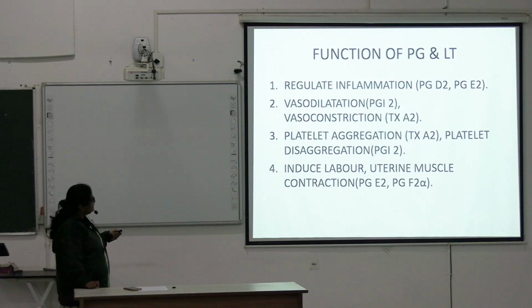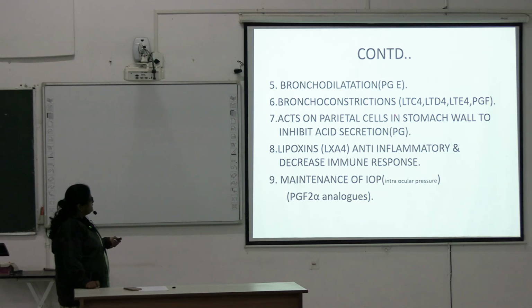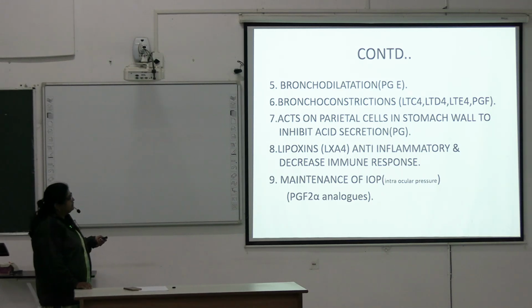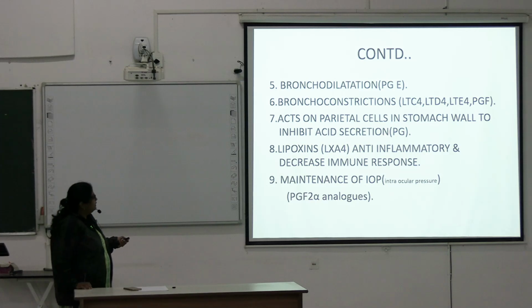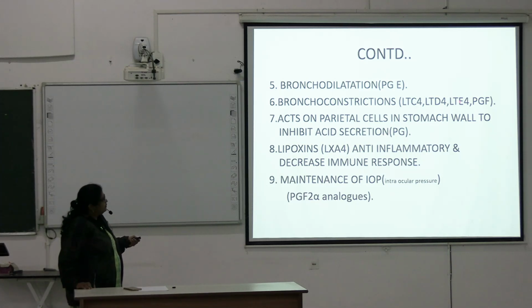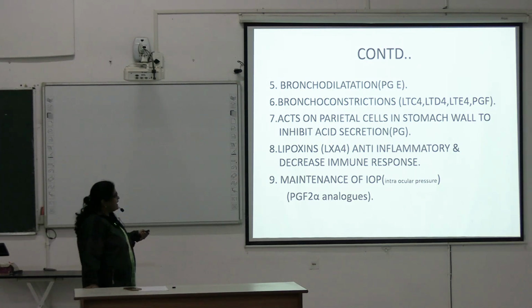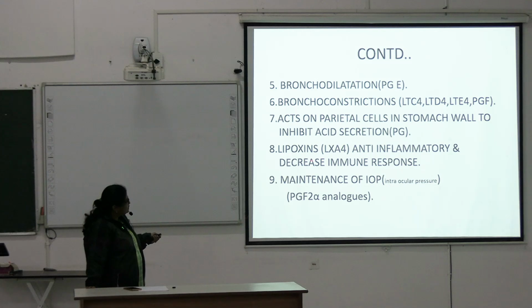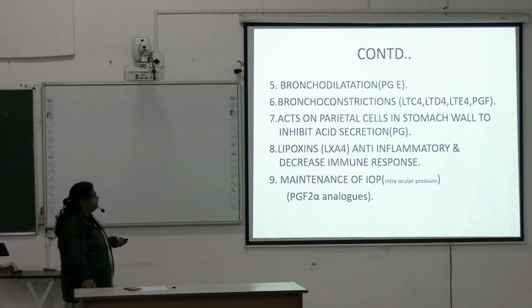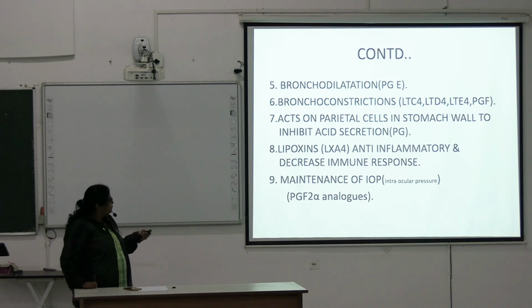They have a vasodilation effect by PGI2, vasoconstriction effect by thromboxane A2, platelet aggregation by thromboxanes, platelet disaggregation by prostacyclins, induced labor by PGE2 and F2 alpha, bronchodilation by PGE, bronchoconstriction, which is the cause of asthma, by leukotriene C4, D4, E4, and PGF acts on parietal cells of the stomach to inhibit the acid secretion. Prostaglandins and lipoxins are used as anti-inflammatory, decrease immune response and maintain the intraocular pressure in case of glaucoma.